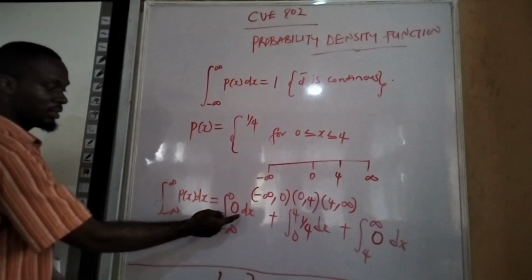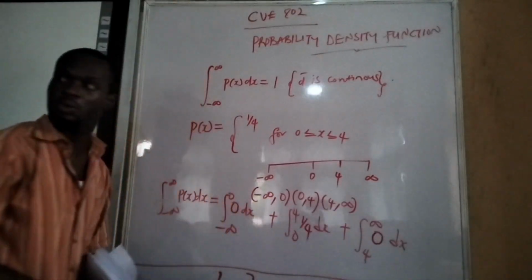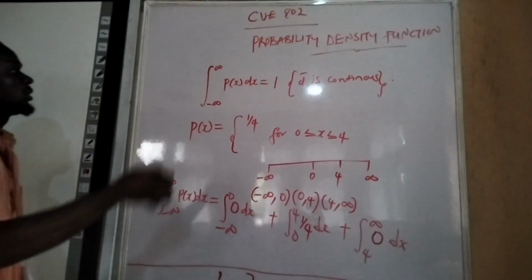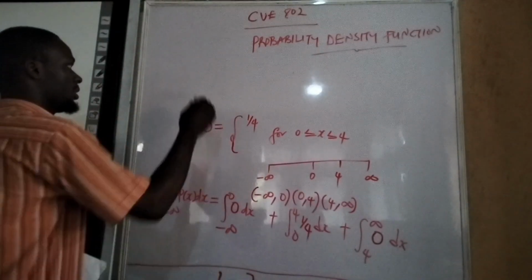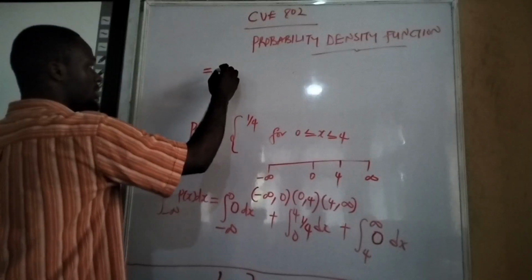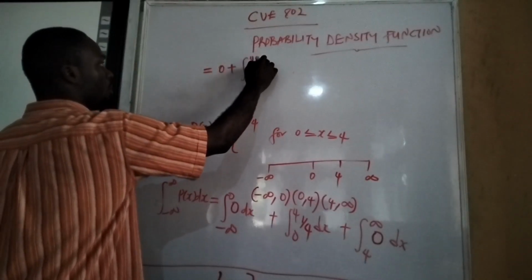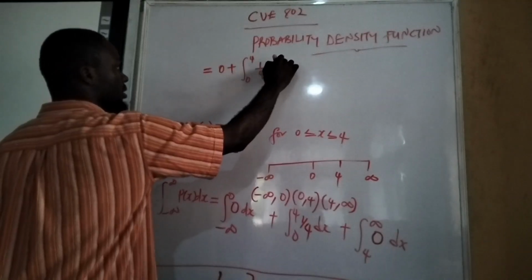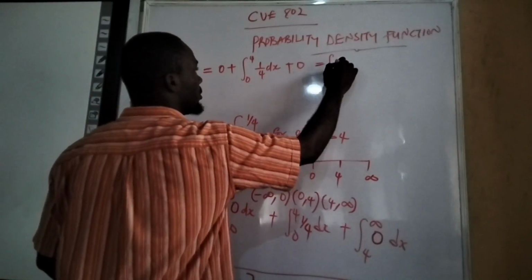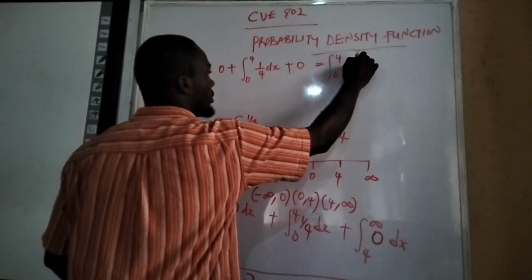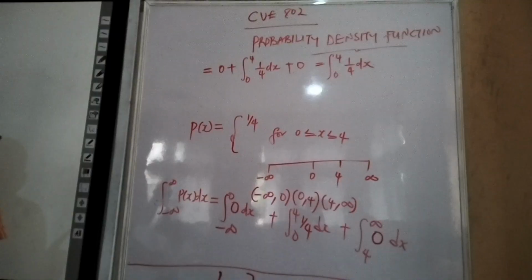So if you multiply by 0, it will go. We are now left with 0 plus the integral from 0 to 4 of 1 over 4 dx plus 0.